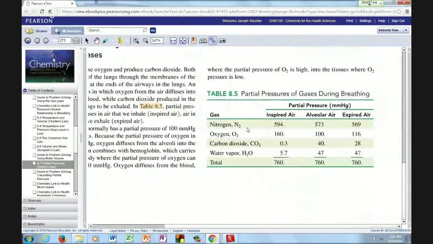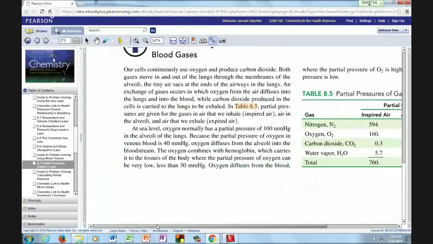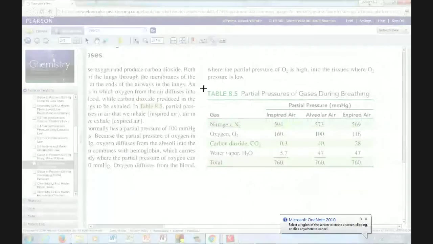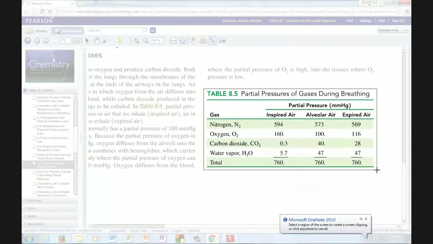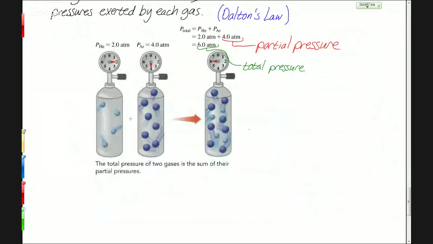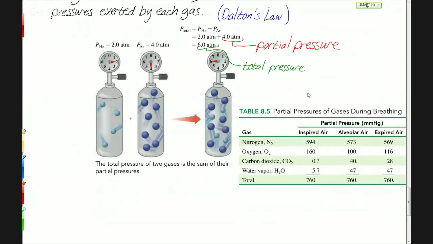Well, here's an example. It's not regular air, but this is for breathing. So here are partial pressures of gases during breathing.